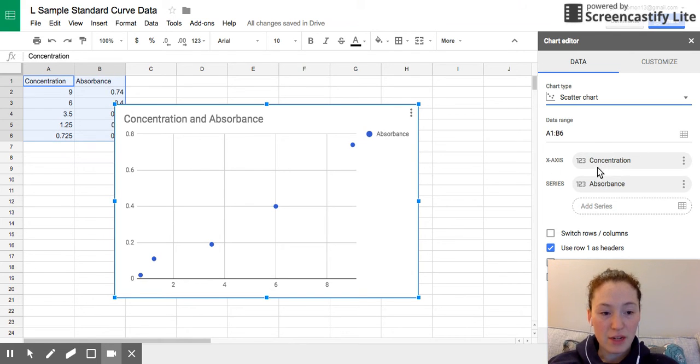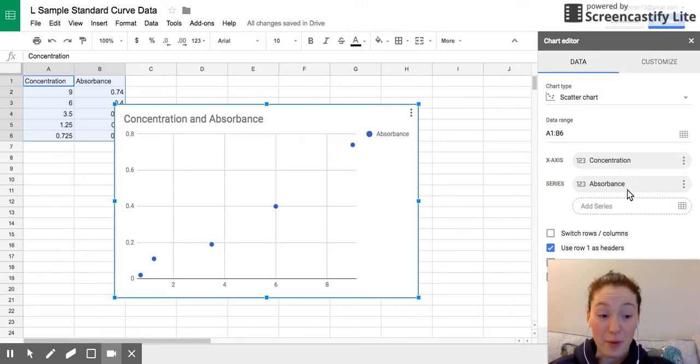Let's say for some reason it does not come up that your axes are set up the way that you want them to. Notice that I can say, oh, x-axis, I want concentration. So that'll put the concentration on the x. Series is what data is plotted, so sort of your y, and I want that to be absorbance.